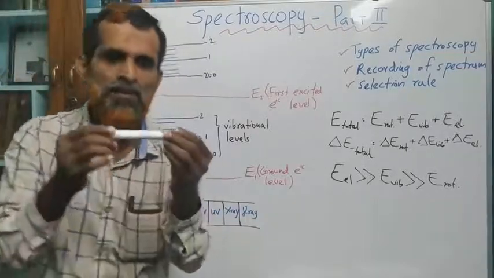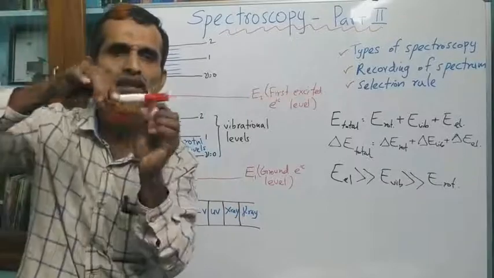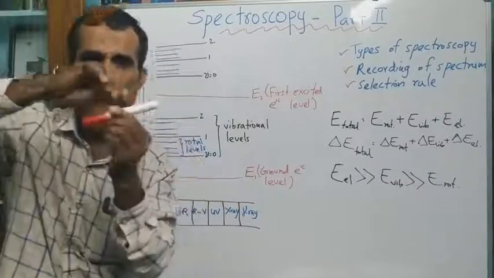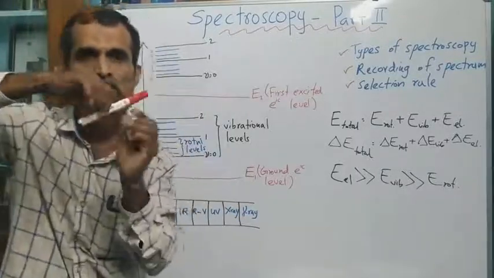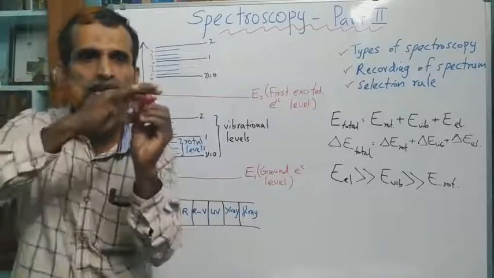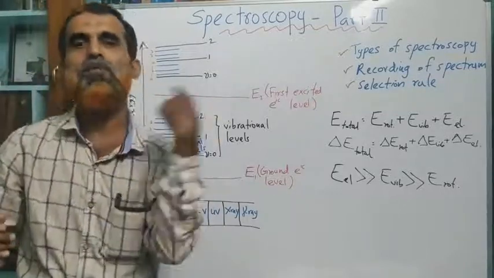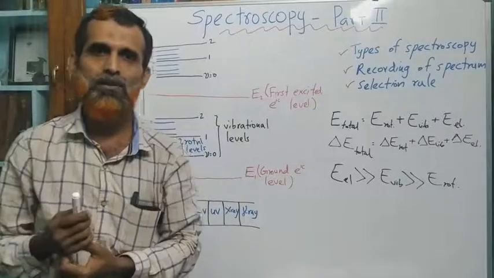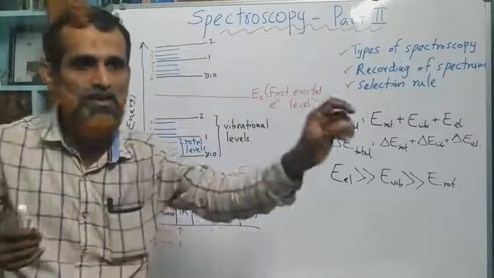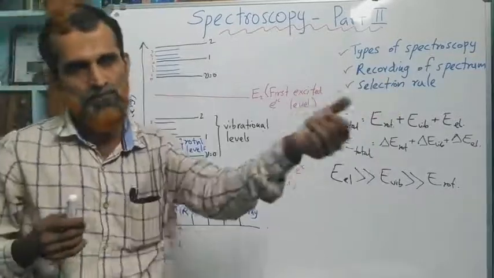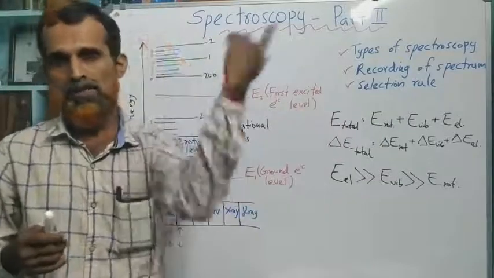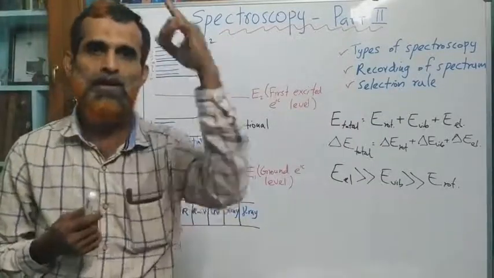It is like, suppose a molecule is rotating with a very low frequency, or angular velocity. If you are giving radiation, it can rotate a little faster, like your ceiling fan. If you change the regulator, its rotation will become quicker, like that.